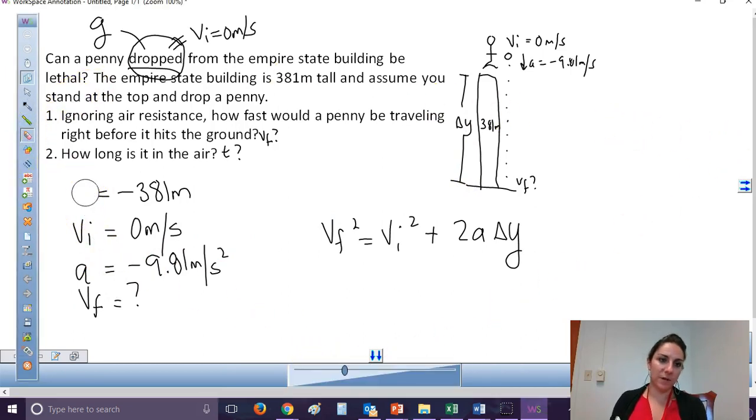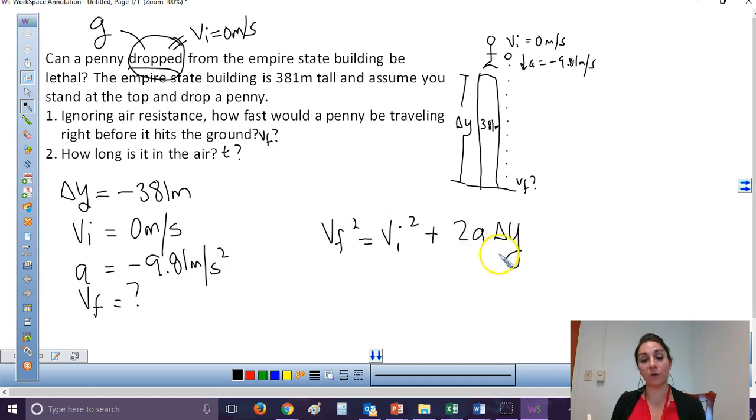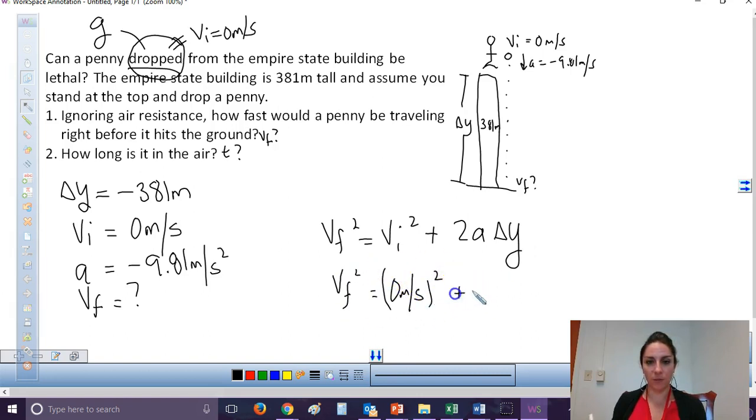It's fine to use x, it's really not a big deal, but to really model this, it's actually a change in a vertical measurement, so that's why I'm going to do that. Final velocity squared equals the initial velocity squared times 2, negative 9.81, times negative 381. I'm going to put the negative in, don't worry.